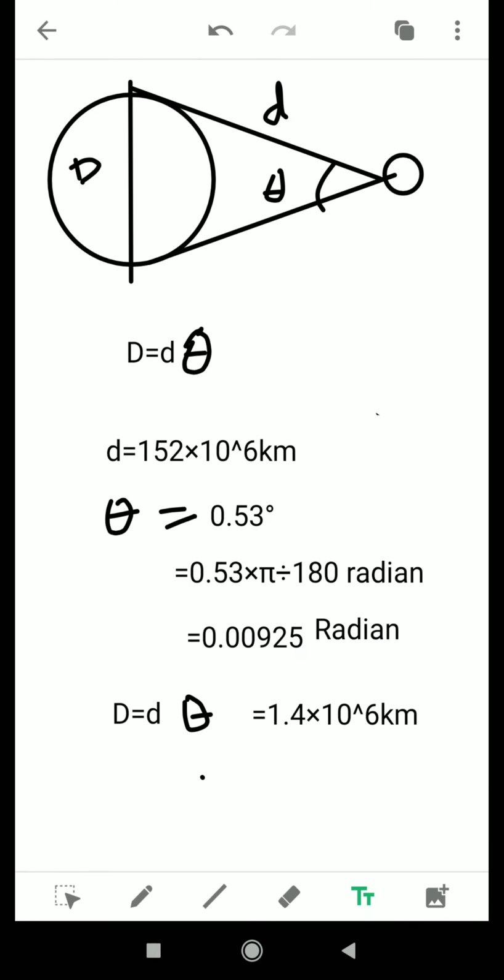So we can find out the diameter of the sun.